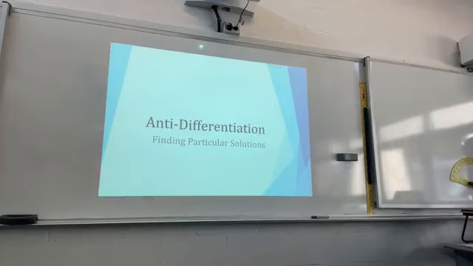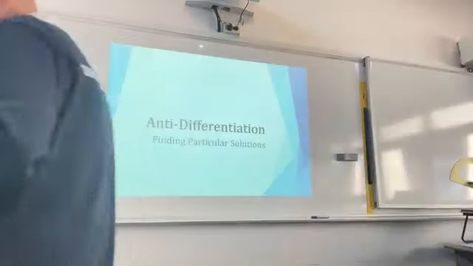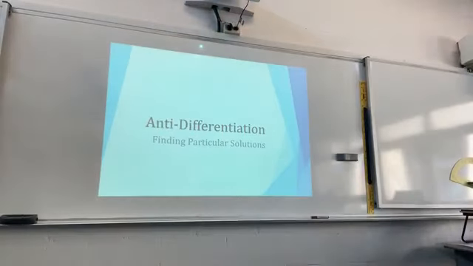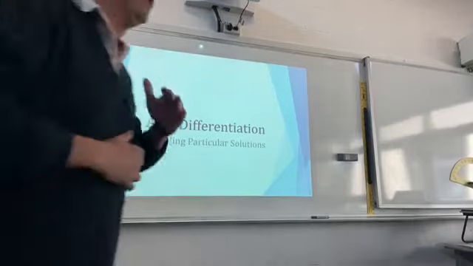Yesterday, I introduced the idea of anti-differentiation, and we looked at the family of solutions. You know that if there is a gradient function, which is differentiation, when you anti-differentiate it, you have a family of solutions because you don't know how the original function is translated along the y-axis.